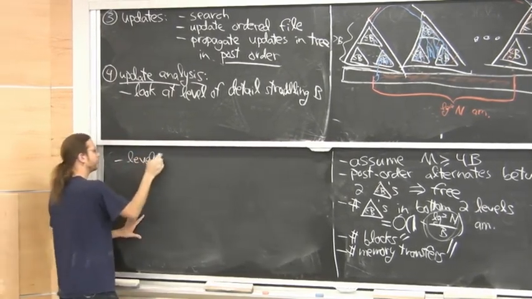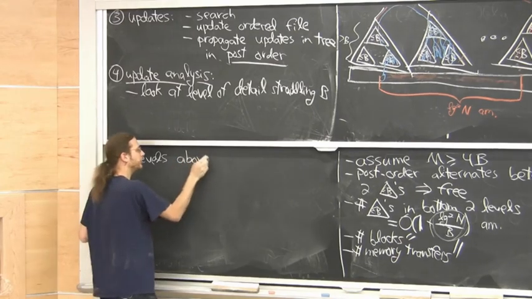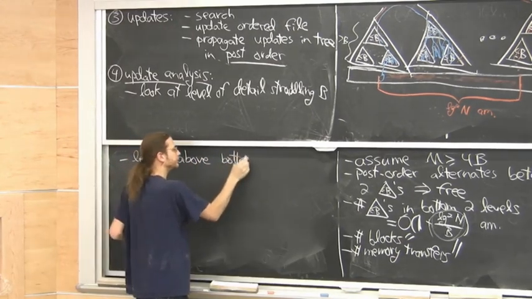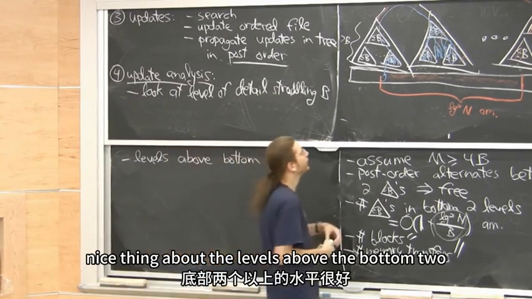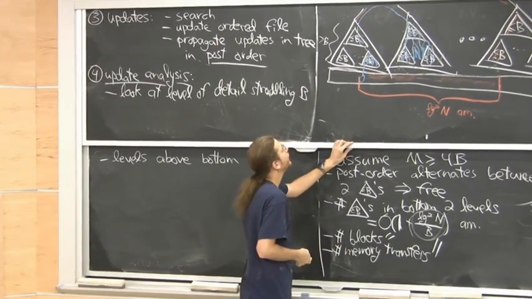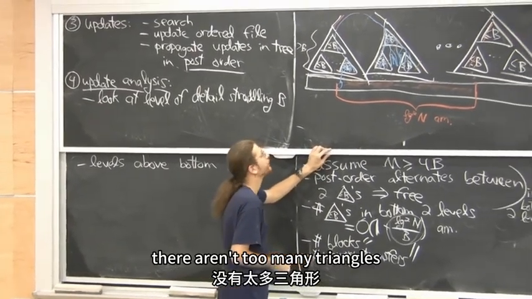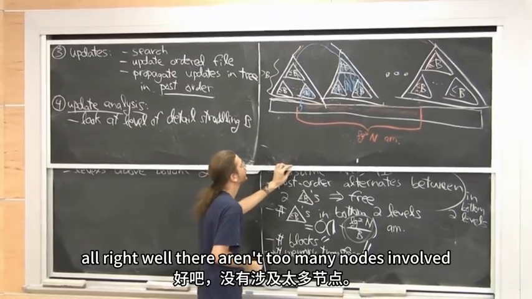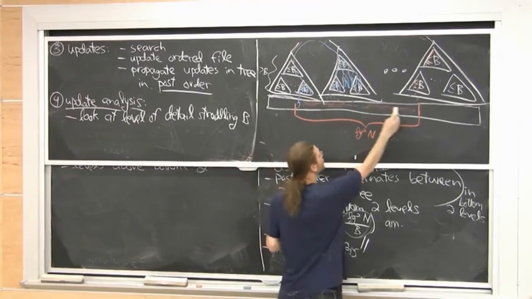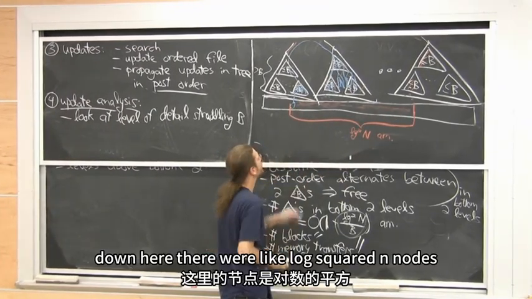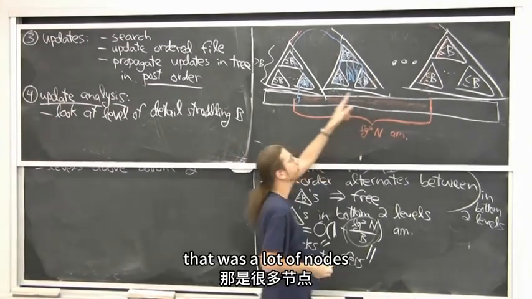Levels above the bottom two. Nice thing about the levels above the bottom two is there aren't too many triangles. All right, well, there aren't too many nodes involved. Down here, there were like log squared n nodes. That was a lot of nodes.